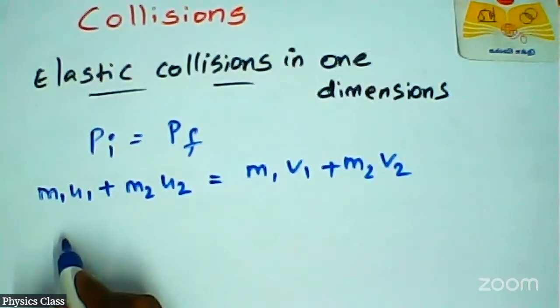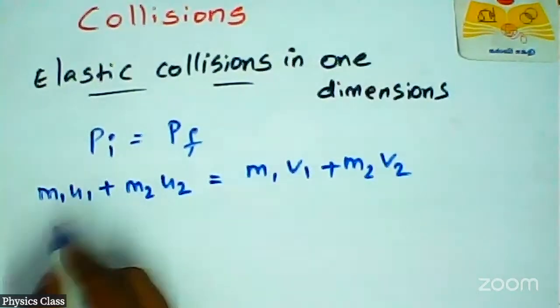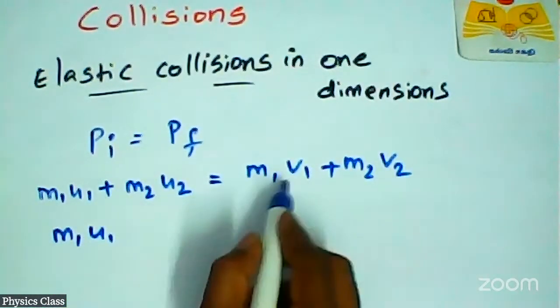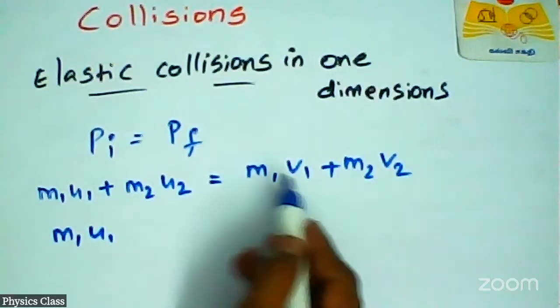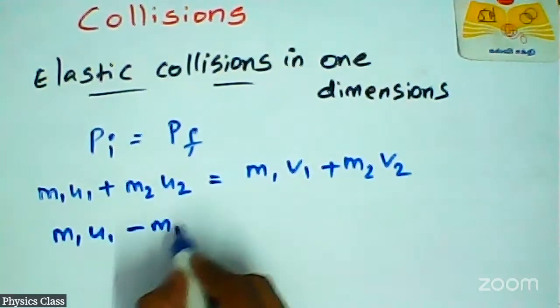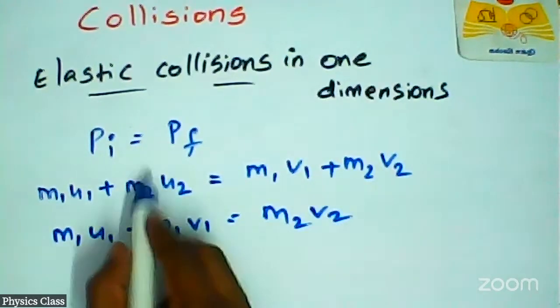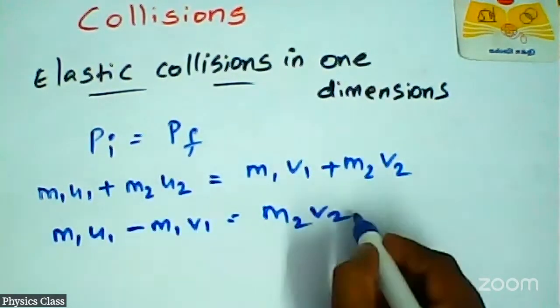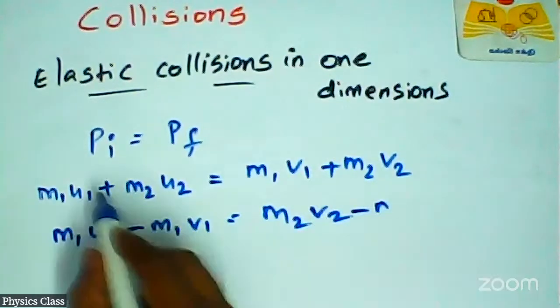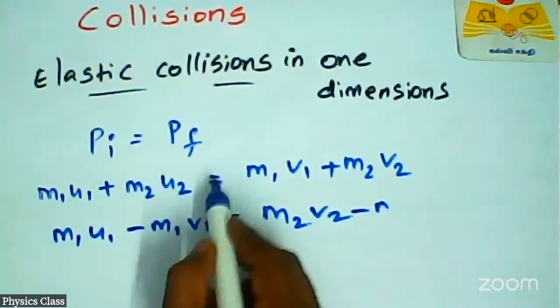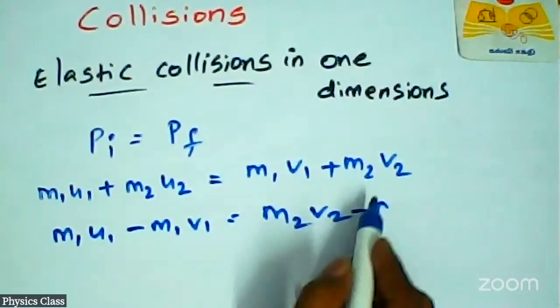We can take m1 v1 to this side, so minus m1 v1, and take m2 u2 to the other side; after crossing the equal sign, the sign will change.